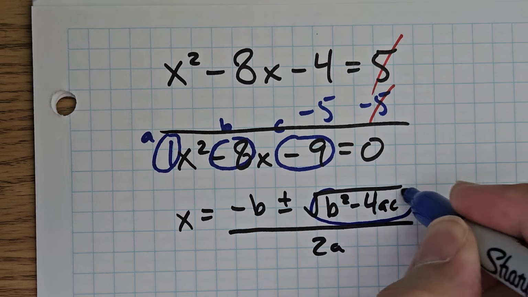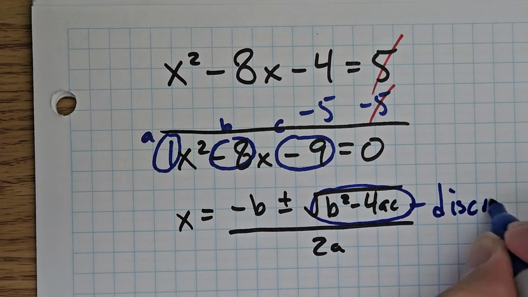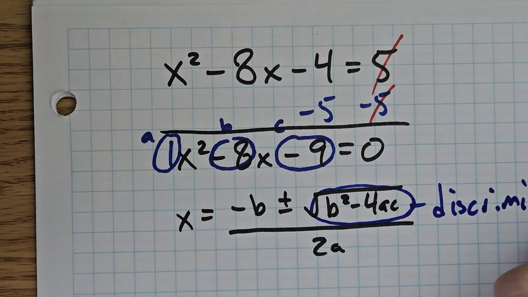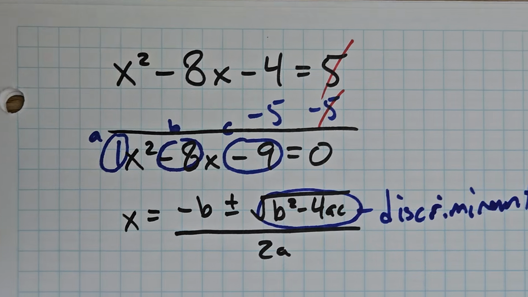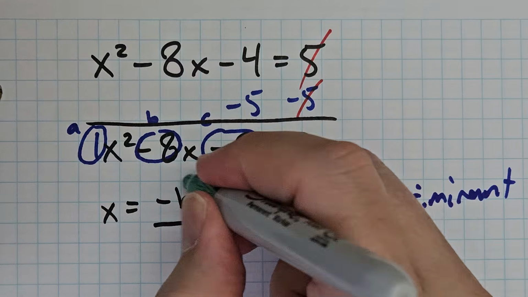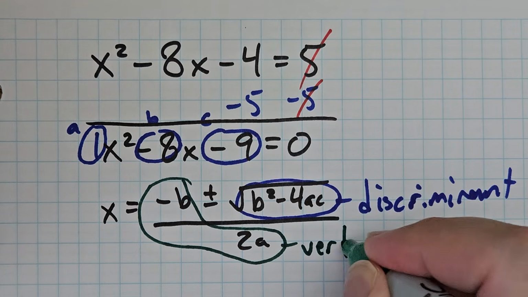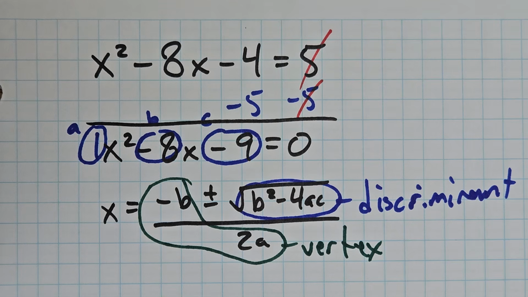The part that's under the radical, b squared minus 4ac, is called the discriminant. I'm not going to really do a whole lesson here. I'm just trying to keep it brief. And the rest of the quadratic formula, the -b over 2a, is the vertex. And we'll use that on other problems in the future.